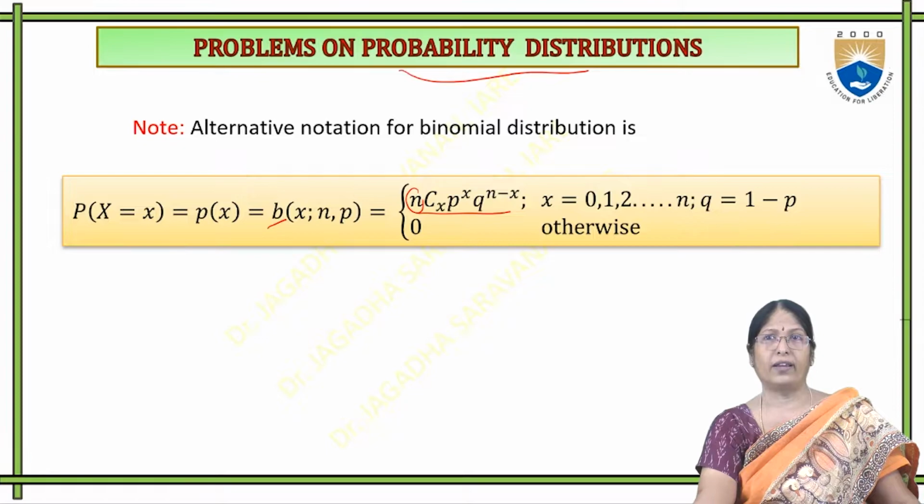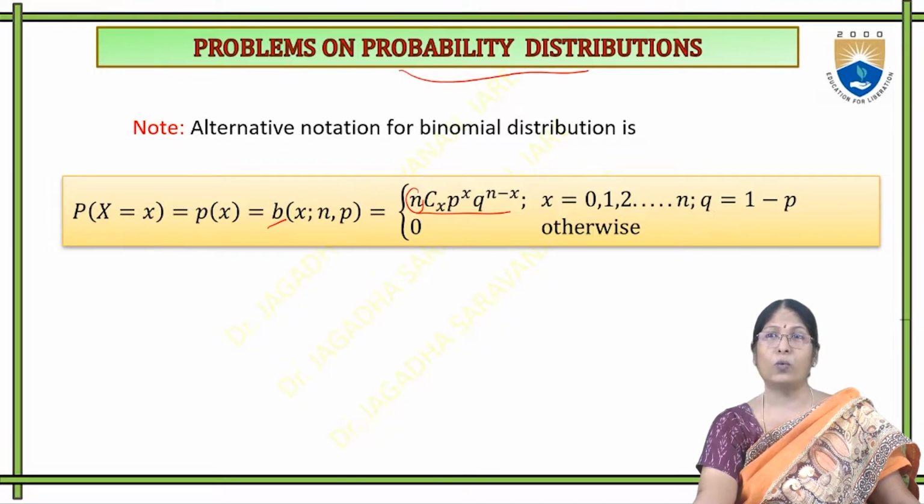If a die is there, n is how many times we are throwing. In an industry, n is the total number of products produced. P is the output satisfying the condition given in the problem, that is, the probability of success. The opposite one is the probability of failure.